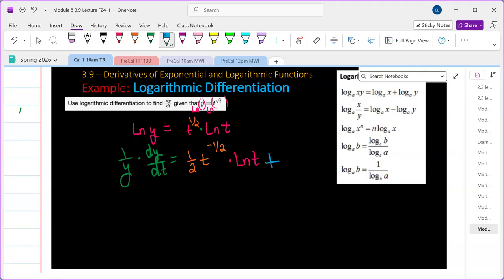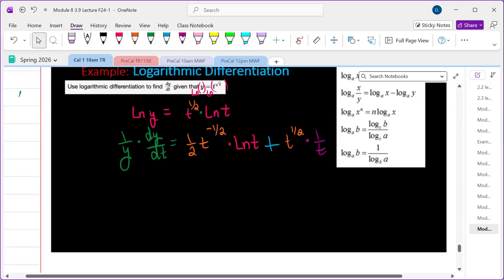Plus, now we keep t to the 1/2 the same. And now we're going to do times the derivative of natural log of t. Derivative of natural log is 1 over the thing. Our thing is t. The derivative of t would just be 1. So there is our current dy dt.